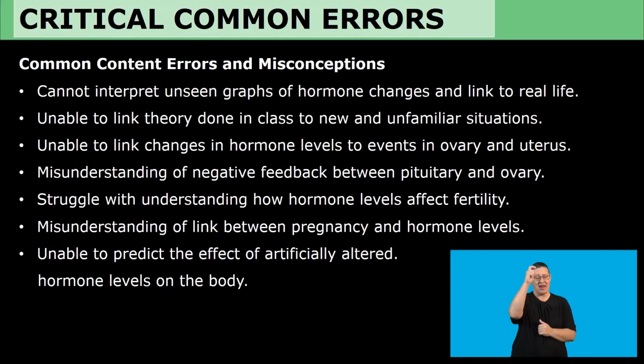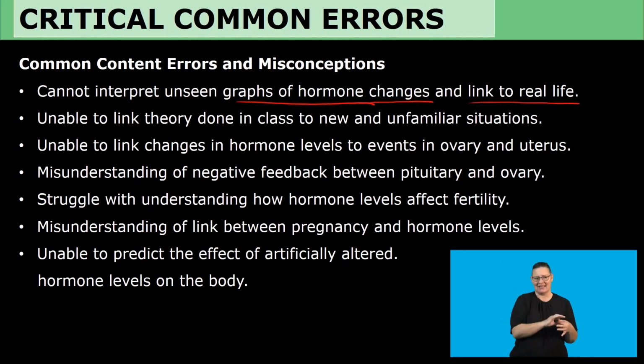The common errors that we normally see, or the misconceptions, are a lot, but let me just highlight some of the errors that we will address as we carry on with our lesson today. So, in most instances, learners cannot interpret unseen graphs of hormonal changes and link to real life.